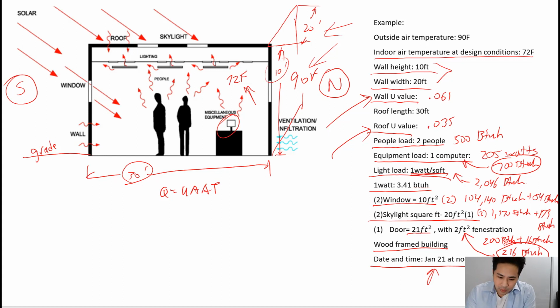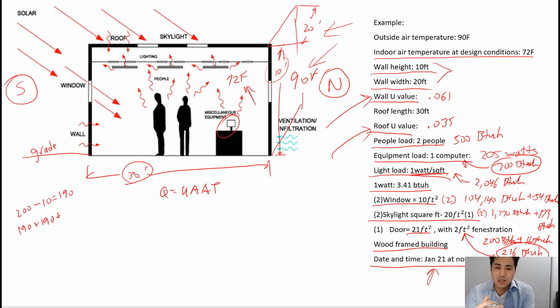So if we're going to work on the south side wall for now, we have a height of 10 feet and a width of 20. So that's 200 subtracted by the window area, which is 10. That's going to be 190. And we have an equivalent wall area on the north side, so that's going to be 190 plus 190.